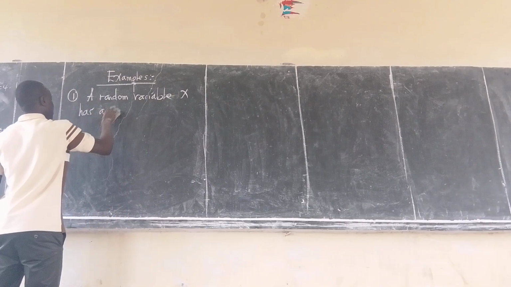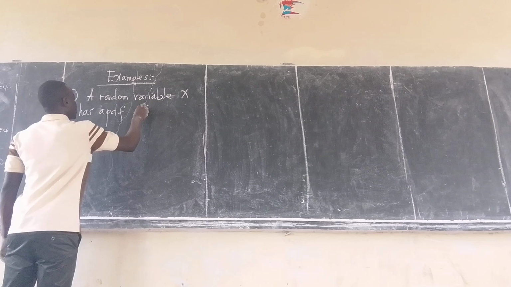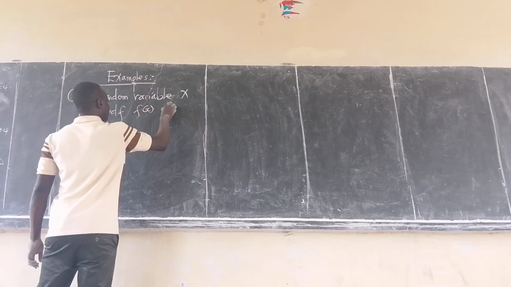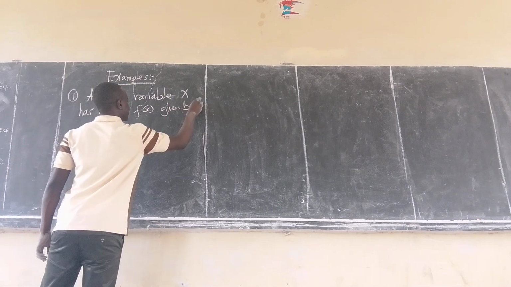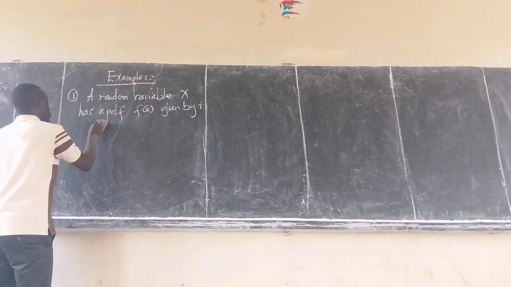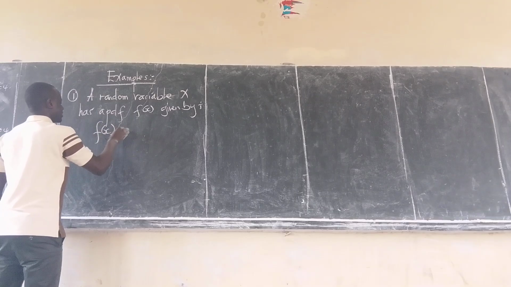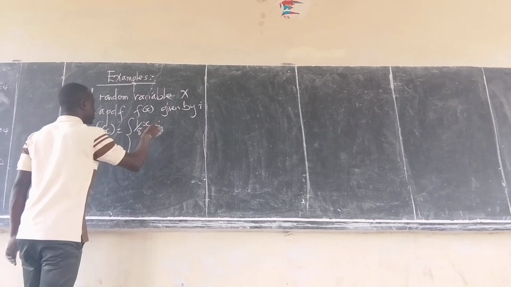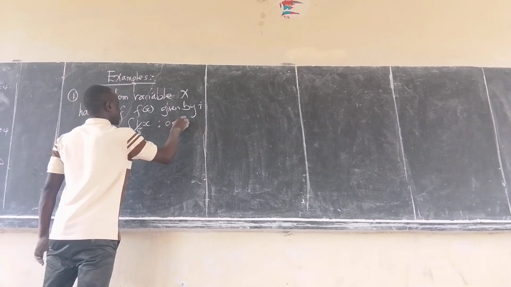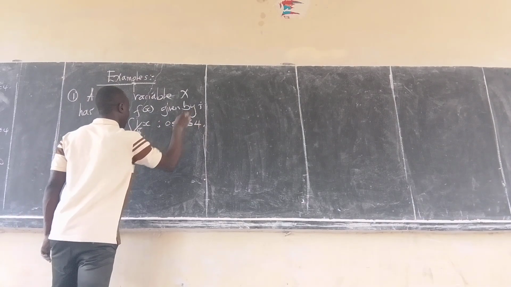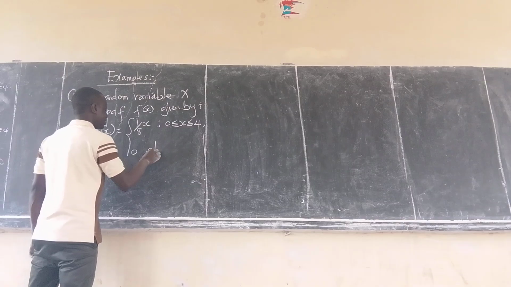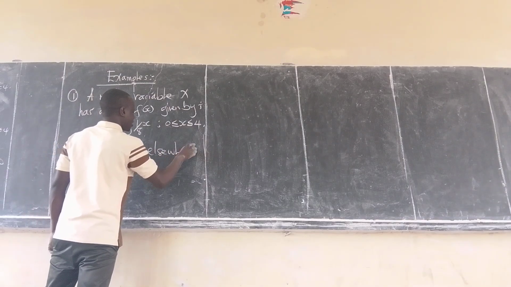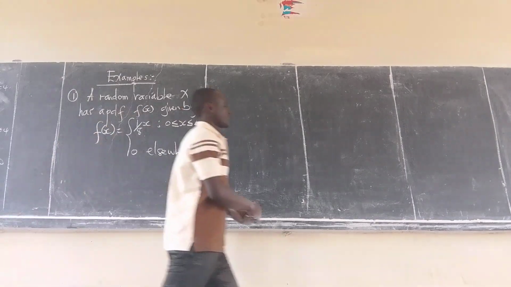has a PDF small f of x given by, so our small f of x is equal to 1 over 8x. This is when x lies between 0 and 4, and it is 0 elsewhere.